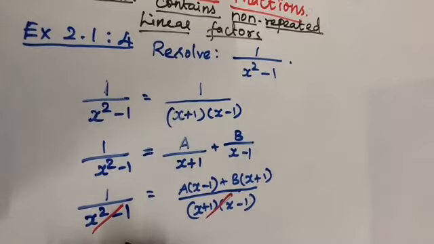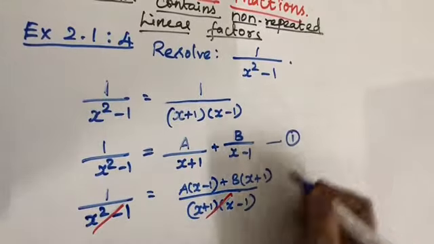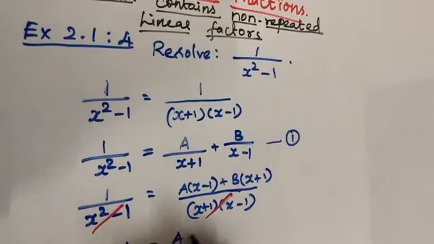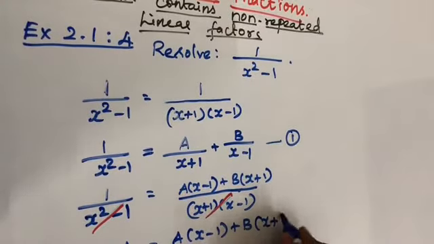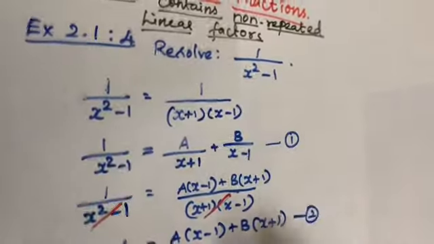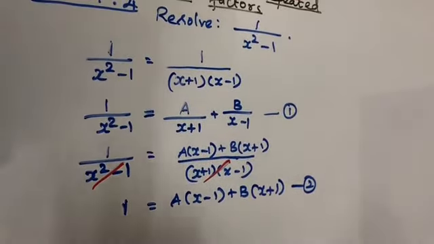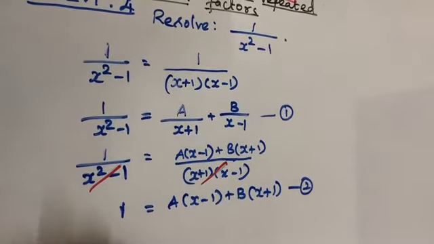So, 1, this is equation 1. 1 is equal to A into x minus 1 plus B into x plus 1. This is equation 2. What we have to do now? Now, put x is equal to 1.